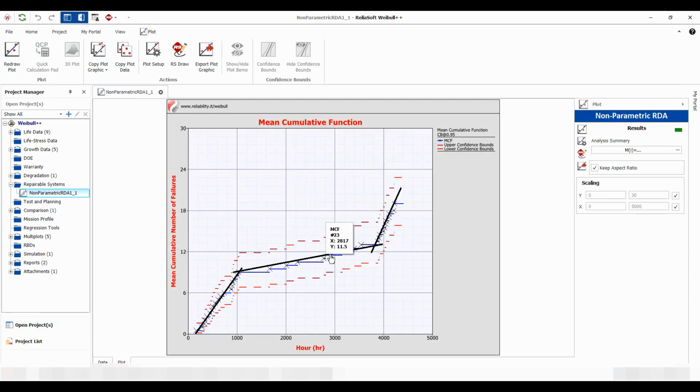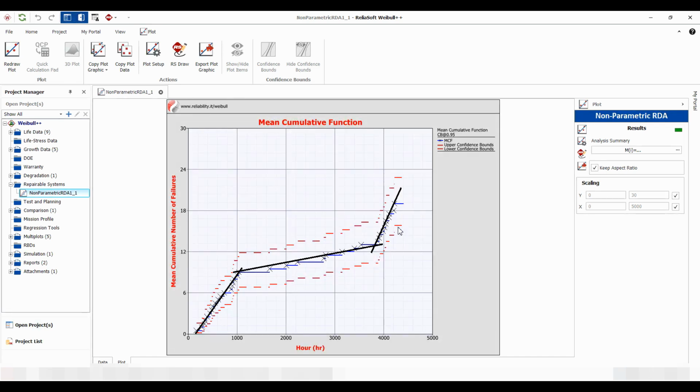We can also view it as a bathtub-like curve, because the first part of our data represents a high number of failures, followed by a relatively flat section, followed again by a steep increase in the number of failures.